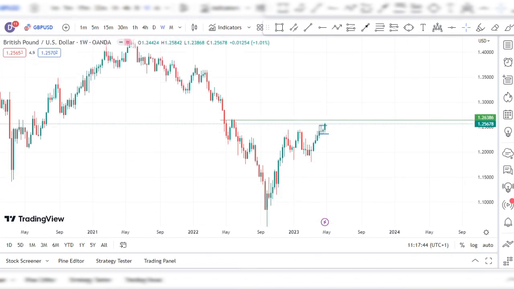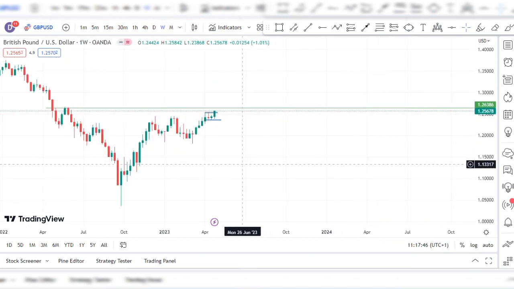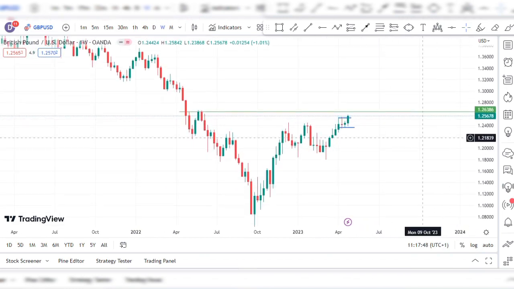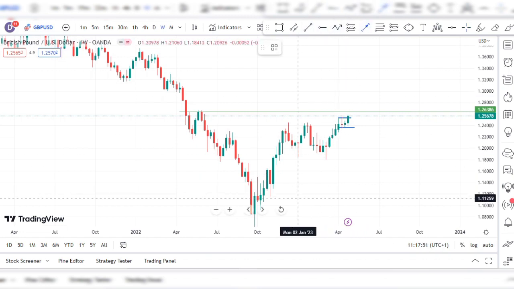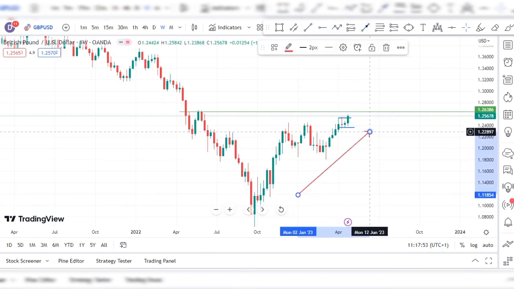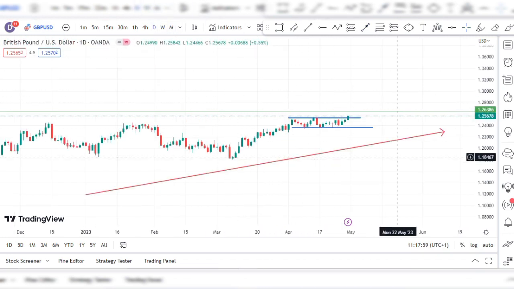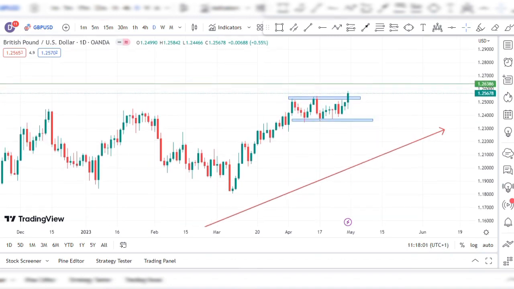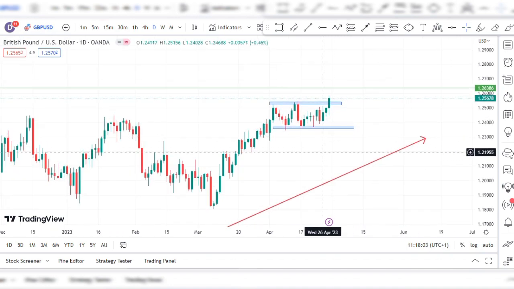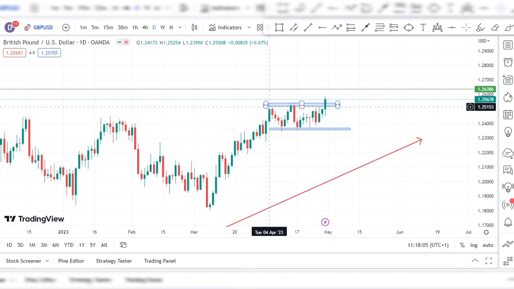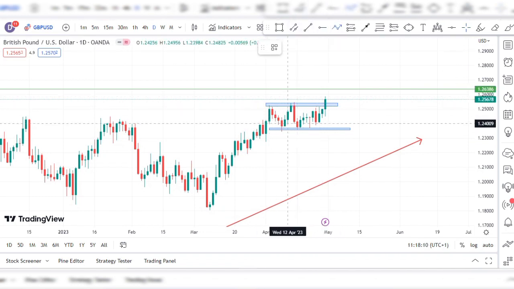So looking at GBP USD, we can see price has gradually been moving to the upside. And if we go down to the daily time frame, just like with gold and Euro USD, we can see price ranging in this channel.